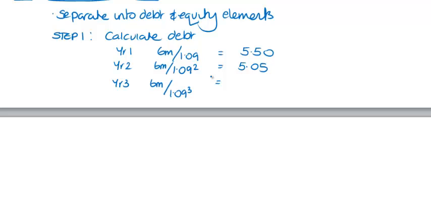And then we do that for 3 years. 4.63. So we've got 5.5 plus 5.05 plus 4.63. Oh, sorry, that should be the repayments. That should be 106 million. So 106 million divided by 9% for 3 years.